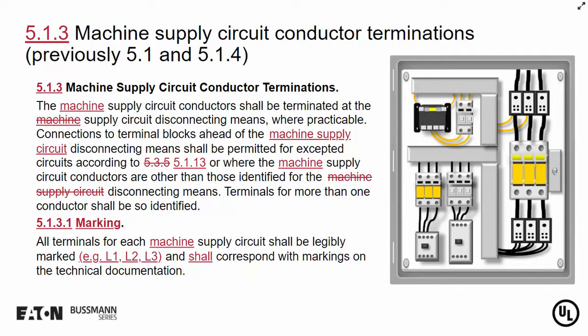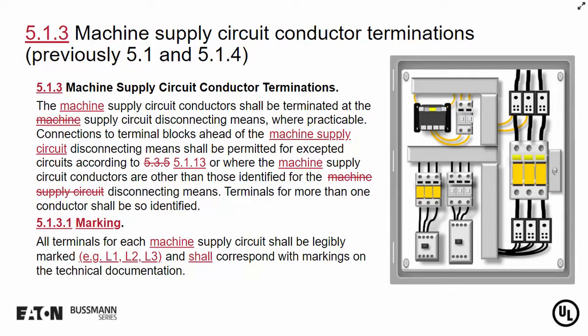For some reason, editorial staff deleted machine supply circuit. I believe that would have been helpful to keep. Terminals for, and then we also changed such as to example. So previously it said such as line 1, L1, L2, L3, and now we have changed that to example.